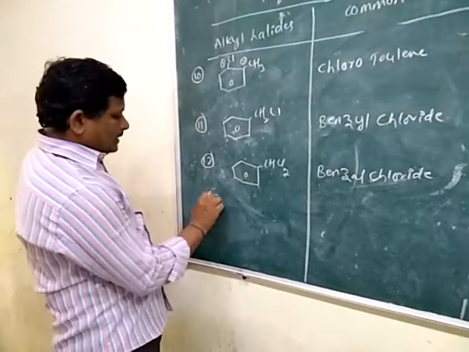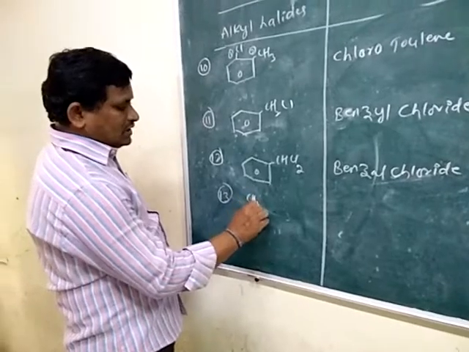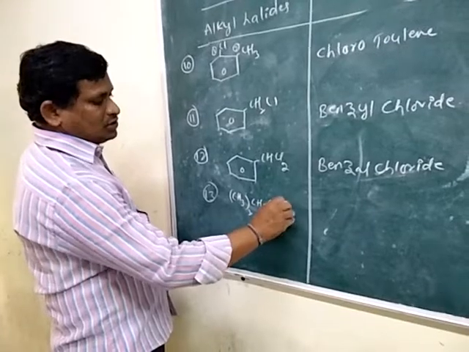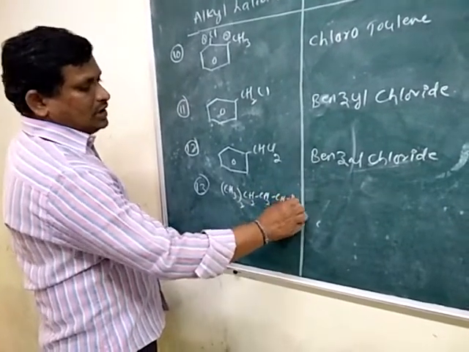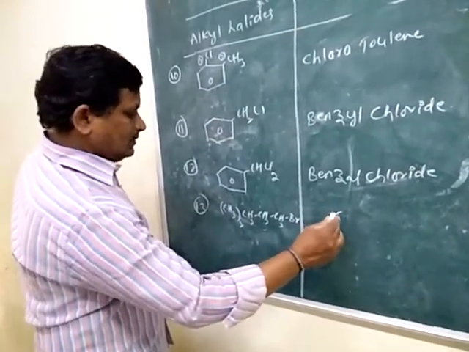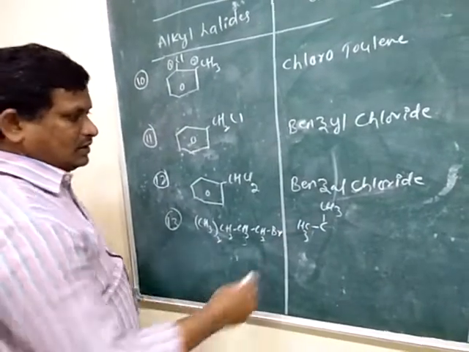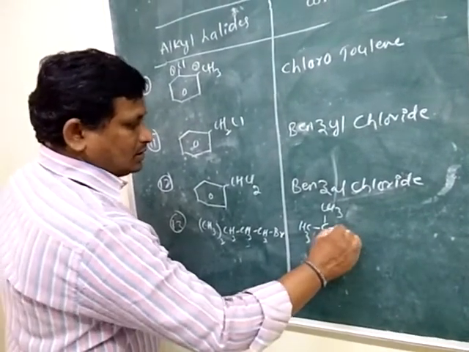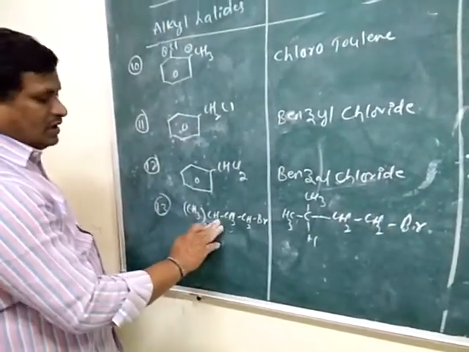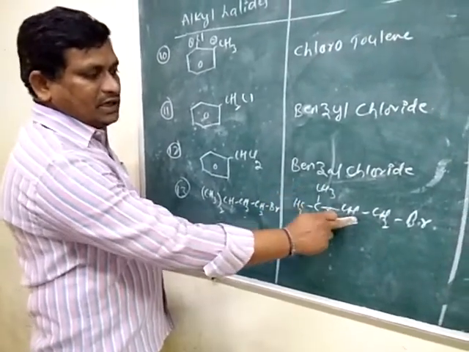Then the 13th, for example, let us consider (CH3)2CHCH2CH2Br. This carbon is primary, secondary, tertiary.